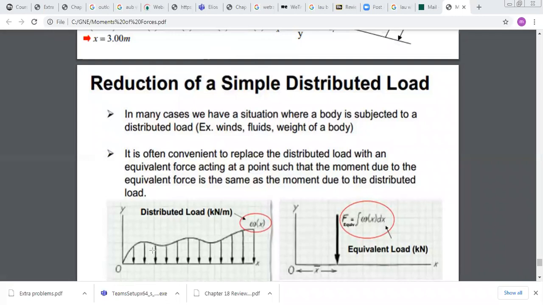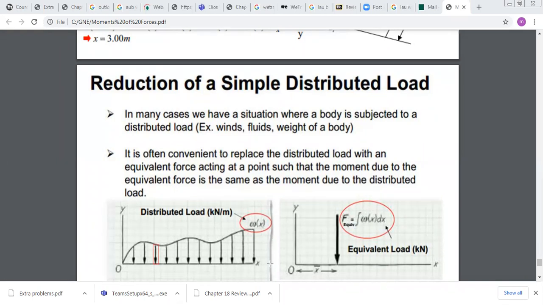Because here, if I take a very small dx, this rectangle will represent an elementary force. Why? Because w is in kilonewton per meter, and to find a force, you should multiply by the length. But because omega is not constant, you don't have one value of omega to multiply with. So you should do integration.